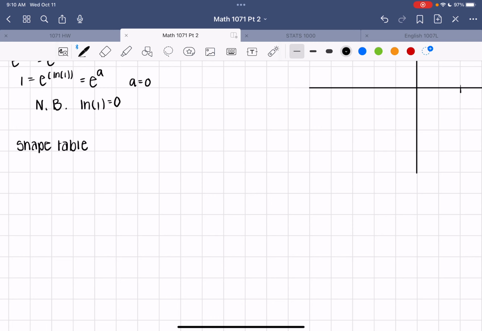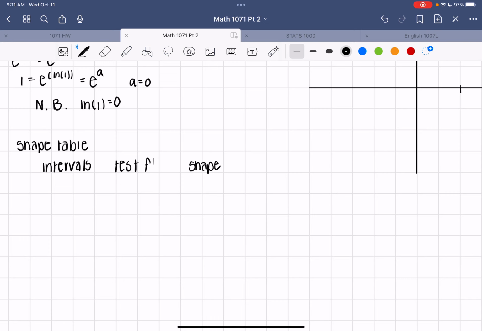Two intervals. Well, left of 1, which has to be bigger than 0. Remember the very nature of logarithm. You can't have x go south. And then to the right of 1.